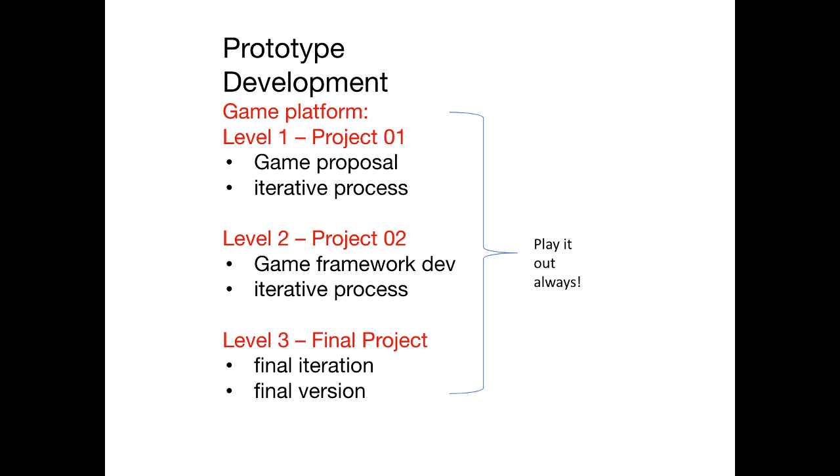Now in level 2, you're going to continue to develop the game framework, which means what I would expect to see from every group is a timeline. So you all have your specific timelines. As long as everybody converges towards, if I'm not mistaken, around week 12 or week 13, we would expect to see a much more polished version for external industry people to come and play it.